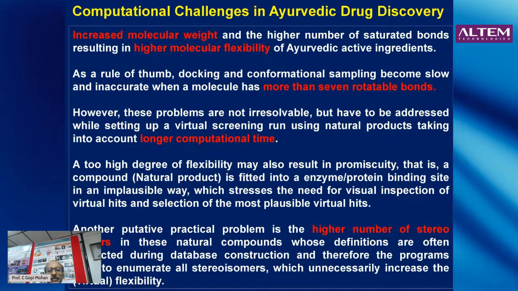Another problem is the higher number of stereoisomers, as I told you, which often occur in databases, and the programs enumerate stereoisomers, which unnecessarily increases the complexity of the problem and the computation techniques.